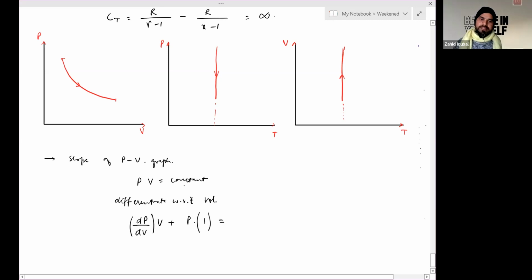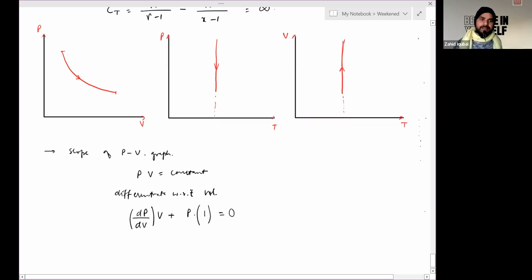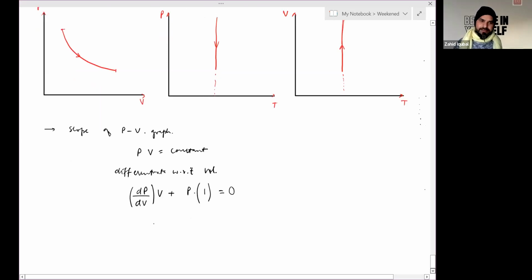And since on the right-hand side we have a constant value, on differentiation it will give just 0. Move this P to the right side. So dP by dV equals minus P, and this volume on moving to the other side will be in the denominator. So this defines the slope of this particular curve.